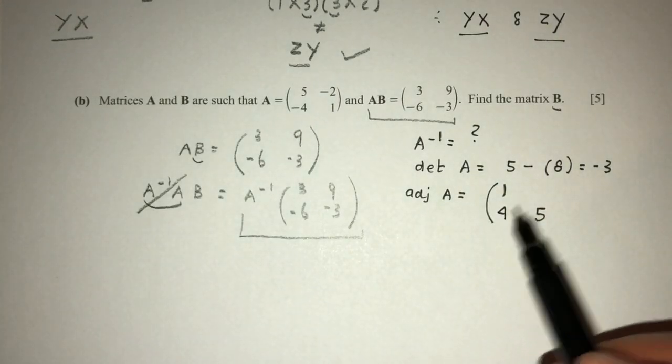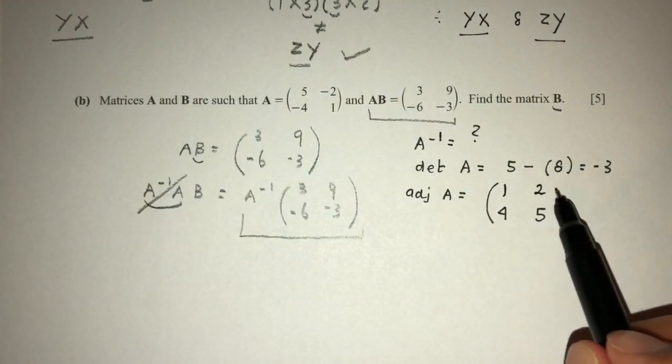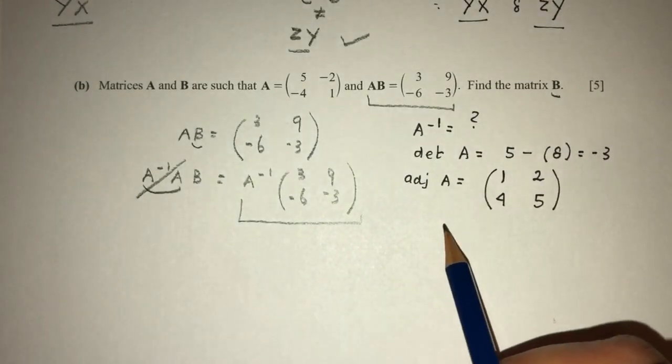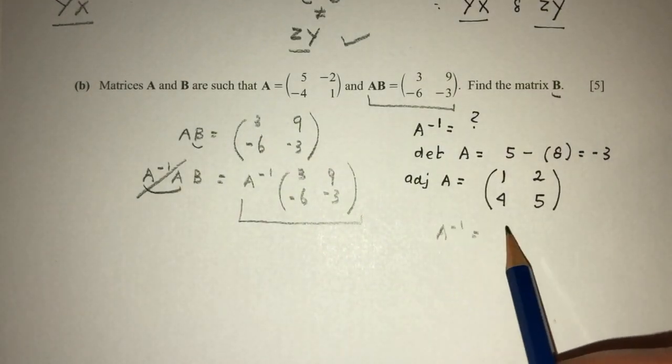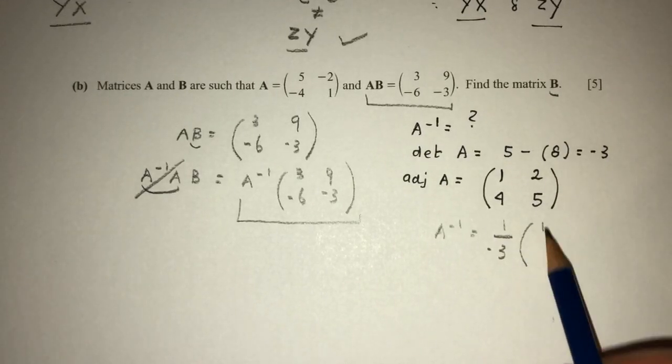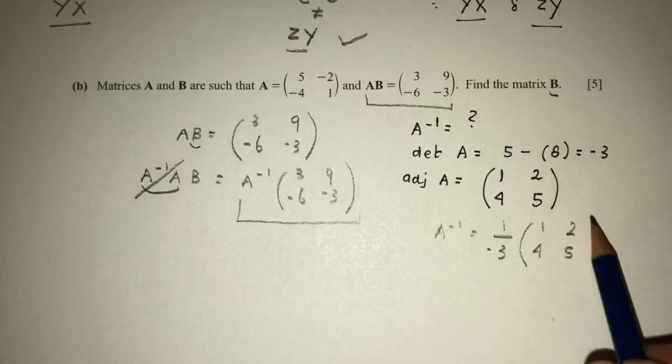Minus 4 becomes 4, minus 2 becomes 2. Now, A inverse equals what? A inverse is 1 over the determinant, which is minus 3, times 1, 4, 2, 5.